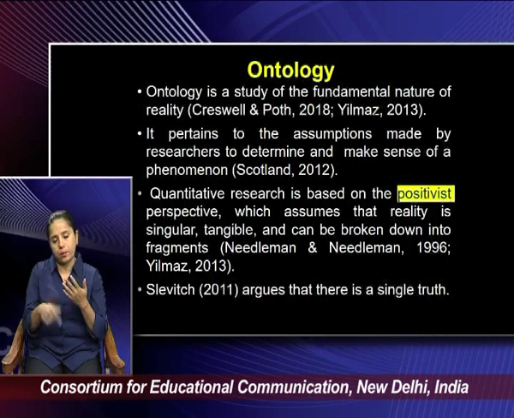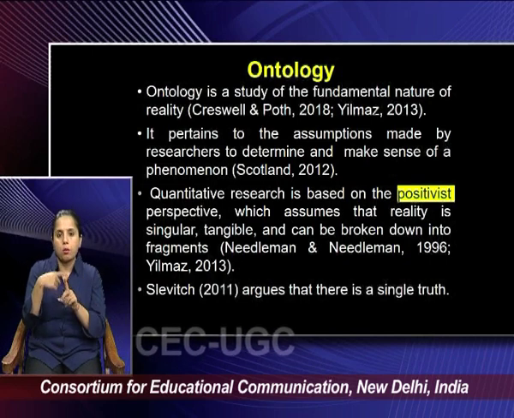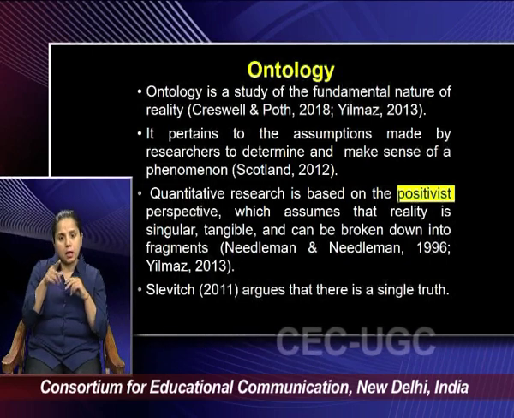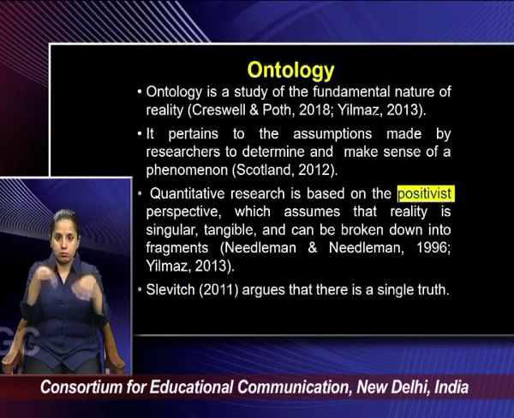Quantitative research, which is based on the positivist perspective, assumes that reality is singular, tangible and can be broken down into fragments. There are researchers who argue that there is a single truth as per the quantitative approach.